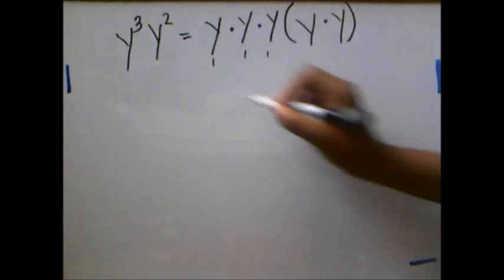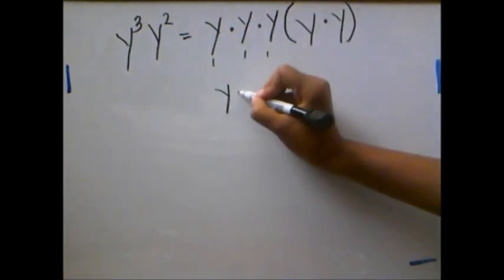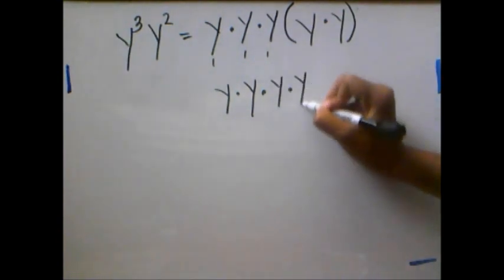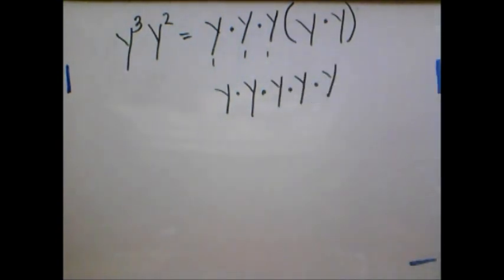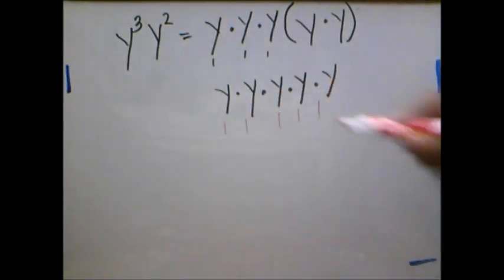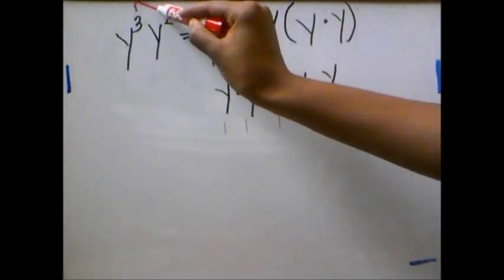So, if we put this all together, we'll get y times y times y times y times y. And let's count those. 1, 2, 3, 4, 5. So that's how we know that to multiply exponents, we just add these two.